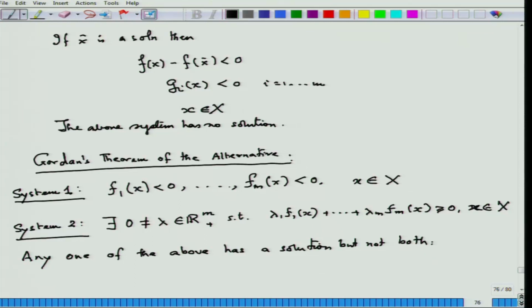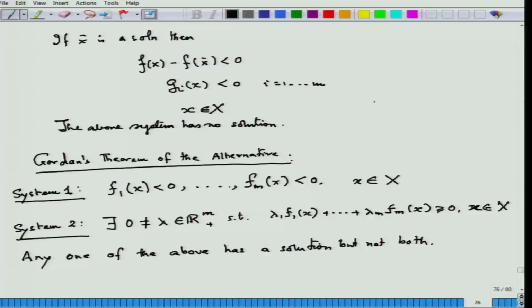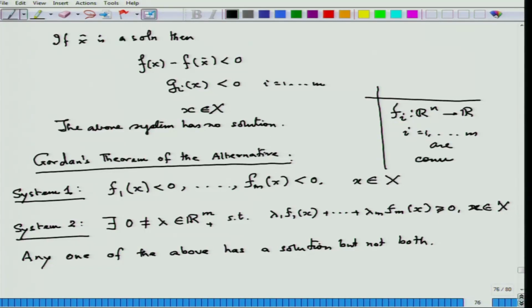Once this result is given to you, you say hooray, now I have an immediate approach, I can tackle it. You see these f 1, f 2, up to f m, just to keep you posted on this fact, we are always using convex functions. So, if there is no x for which this is true, then this must be true.